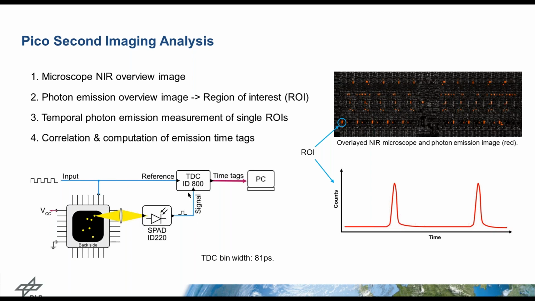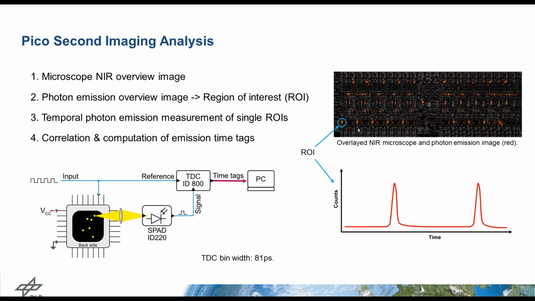With the InGaAs SPAD, this is an ID220, we are using a multi-mode fiber configuration. Each photon that is detected releases a signal, and the signal is time tagged in reference to the input signal.